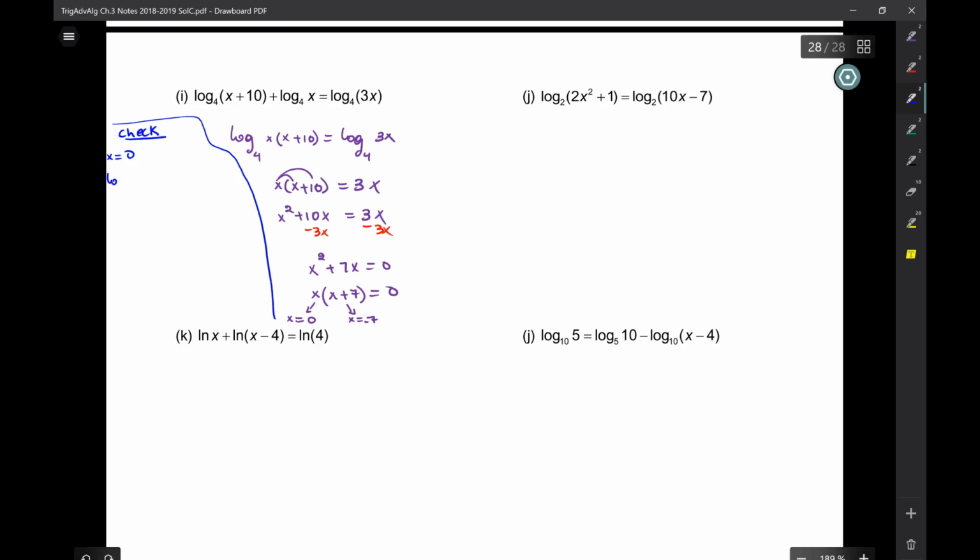That gives me log base 4 of 0 plus 10, plus log base 4 of 0. How much is log of 0?